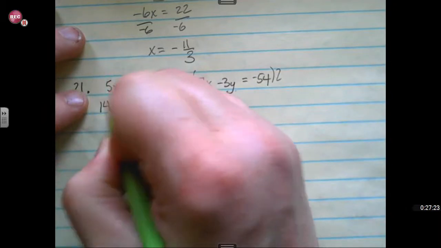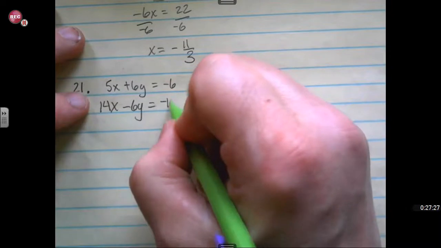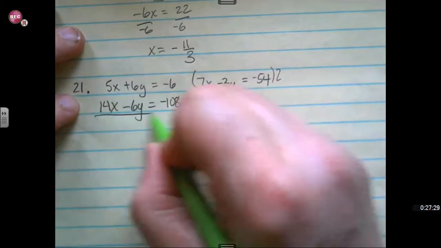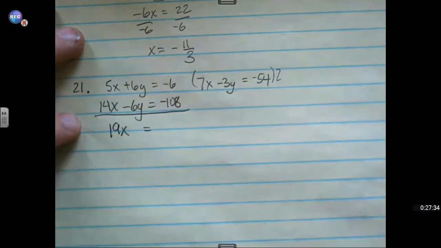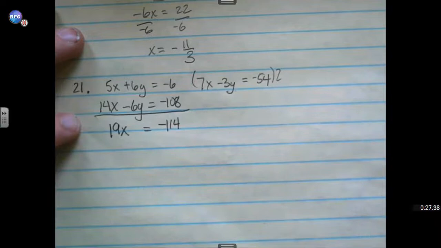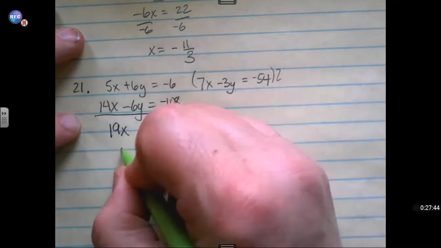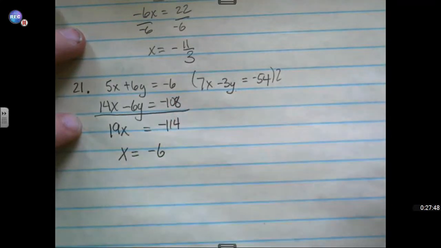14x minus 6y equals negative 108. That's going to be 19x equals negative 114. And that comes out to be negative 6. So x is negative 6.